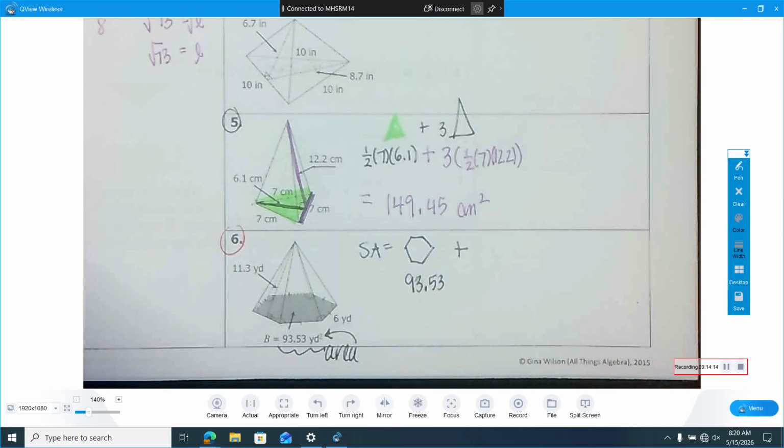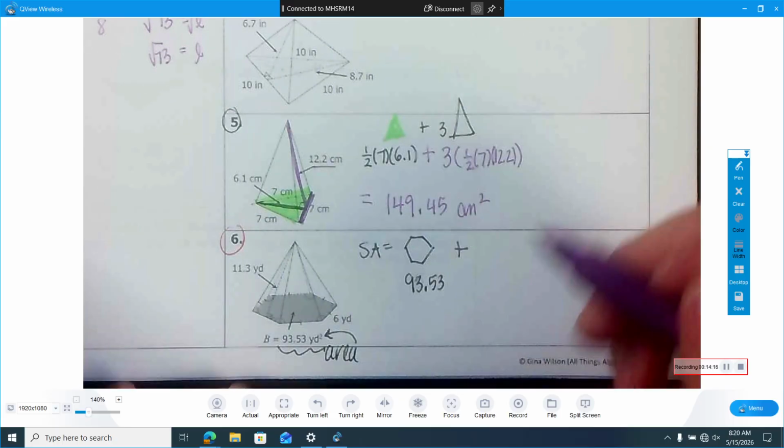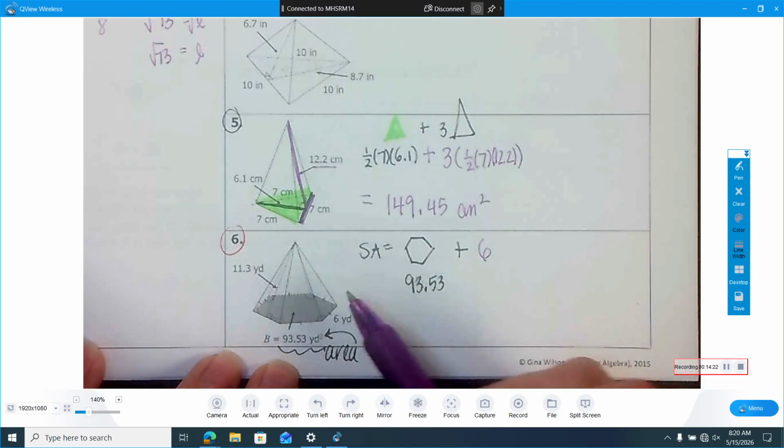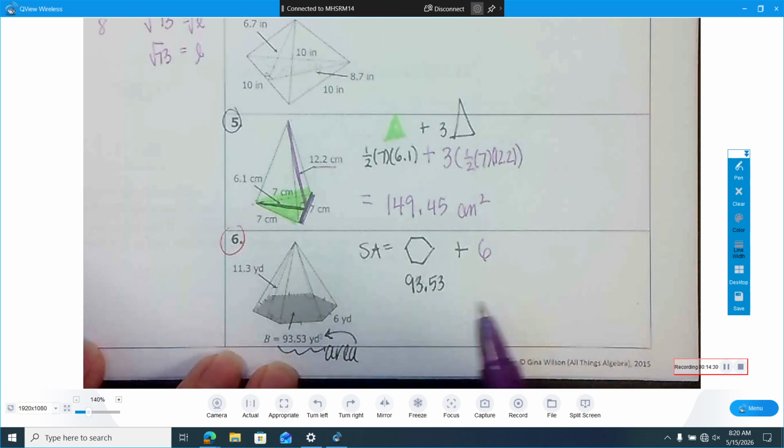And then I have my triangles. How many triangles do we have? 6. And do we know that they're all the same? Why do we know that? Well, that means they're all the same height. But what about their bases? How do you know that the bases match? They all have congruence markings.